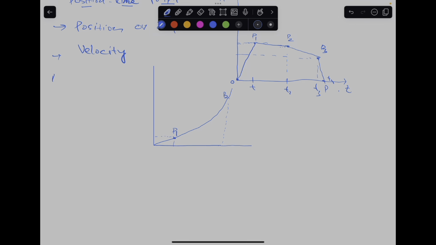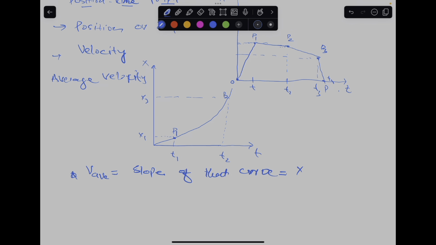So for the average velocity, this is the position x1, this is x2, because it's x, this is t, this is your t1, this is your t2, and this is the change. So V average is the slope of that curve, which is nothing but x2 minus x1 over t2 minus t1.